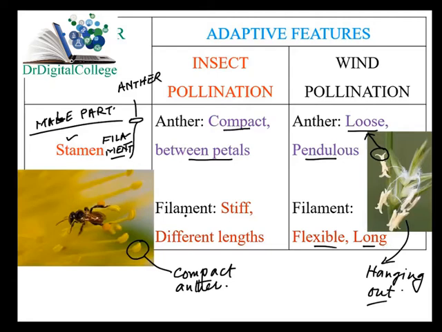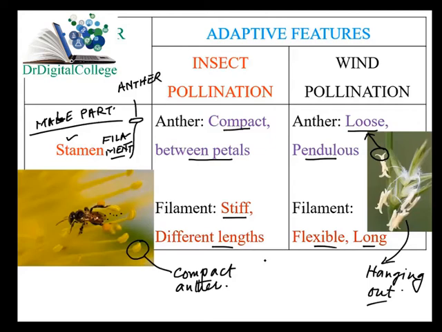On the other hand, filaments are very stiff and of different length in case of insect pollinating flowers so that they will remain at their place when some insect comes and touches them. Rather, pollen grains will come out of them and get stuck with the body of the insect.